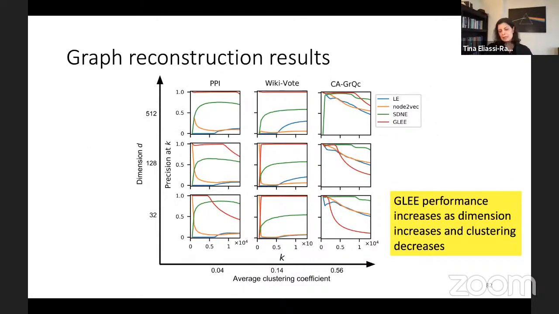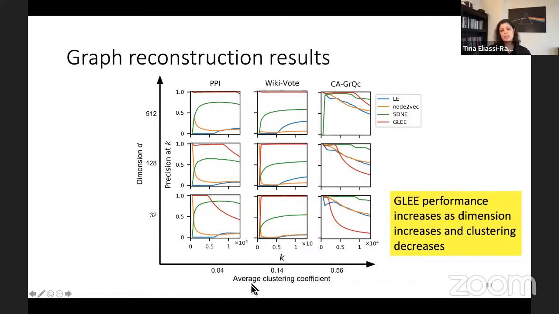So then we looked at this graph reconstruction. What you're seeing here is I'm showing you a protein-protein interaction network. Protein-protein interaction networks don't have a lot of triangles, unlike, for example, a co-authorship network or the Wikivote network. And so on the x-axis, you're seeing average clustering coefficient.